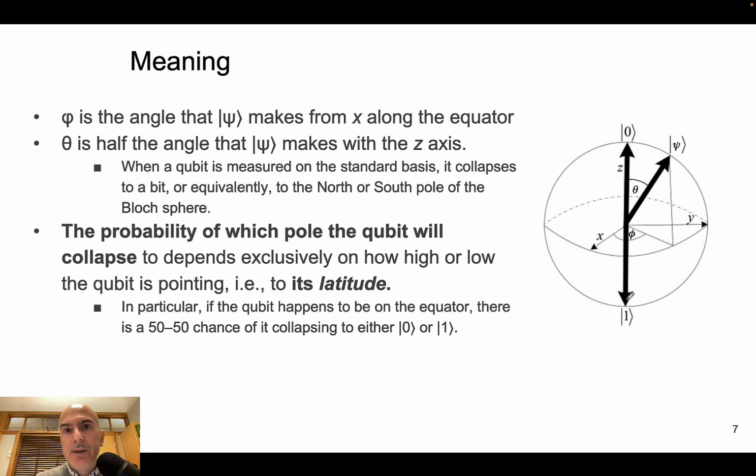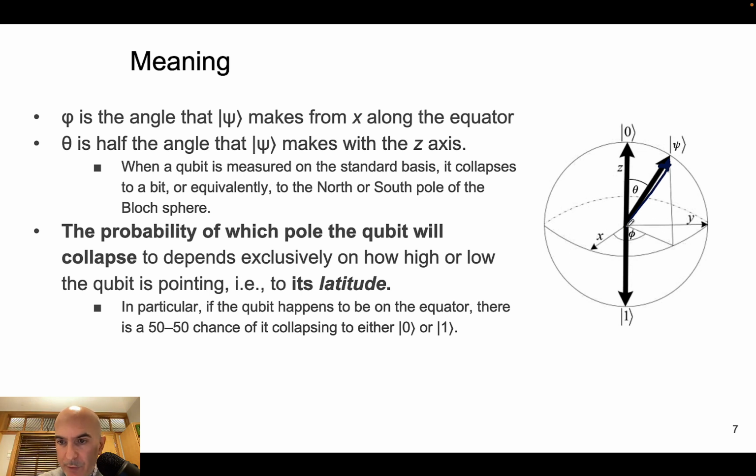An interesting point is that the probability of which pole the qubit will collapse to, so when we do the measurement, it will collapse either to 0 or to 1, depends exclusively on how high or low the qubit is pointing. That is the latitude. So for instance, you see here that we have this psi, and how close it is to the state will basically determine how likely it is to measure this state in state 0 or in 1.